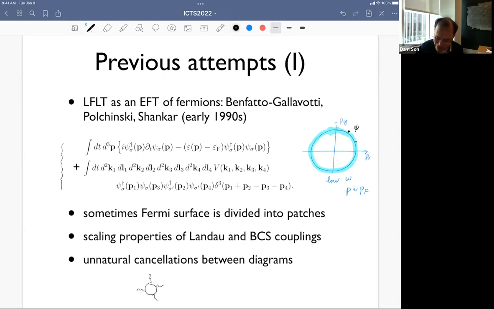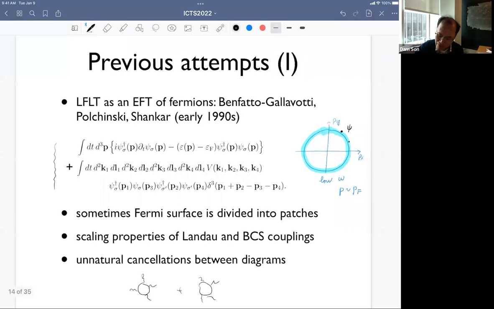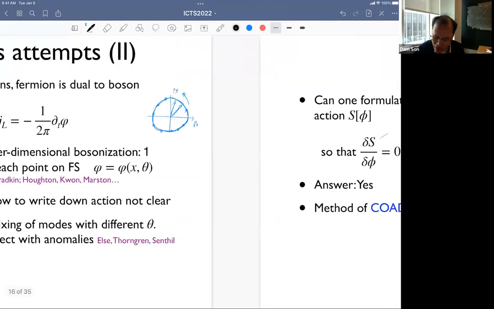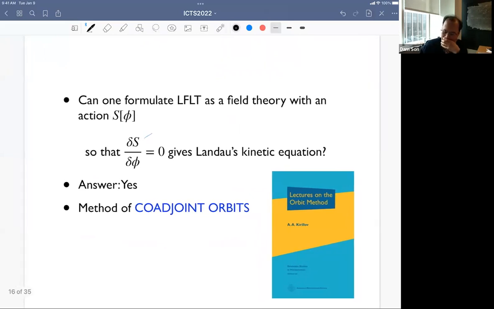Some diagram like this cancels with the same diagram with a permutation of fermions. So it looks like it's not a natural choice of degrees of freedom. The degrees of freedom that Landau chooses seem to be more natural.